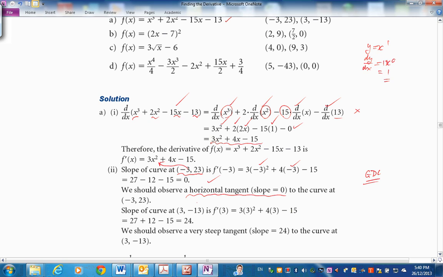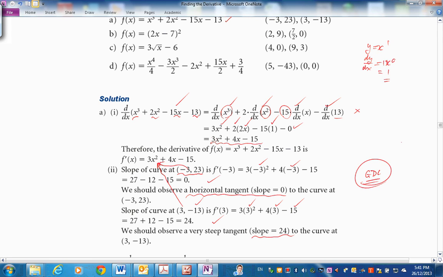What about at 3? Well, let's stick 3 back in the derived function. So it's 3 by 3 squared plus 4 by 3, take 15. So the slope is 24. So it should be very steep at 3, 13. Now again, you can draw the graph and have a look at what's happening there.